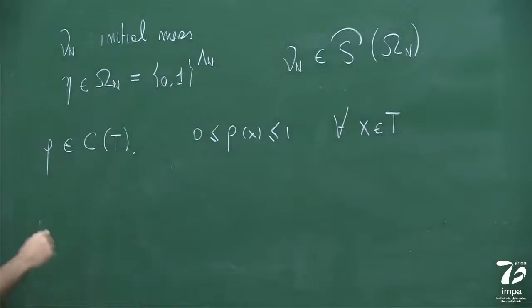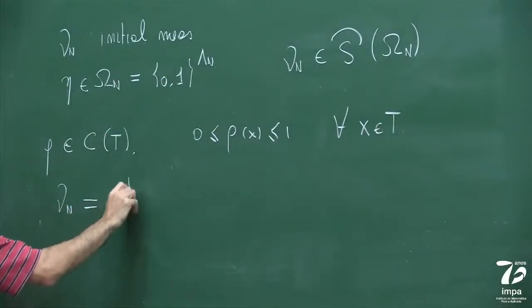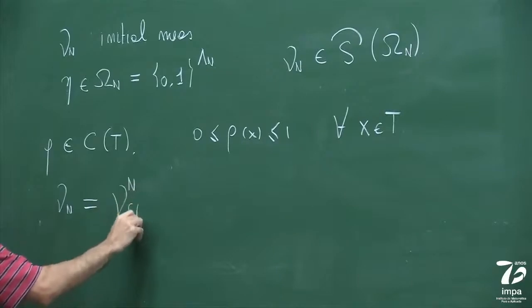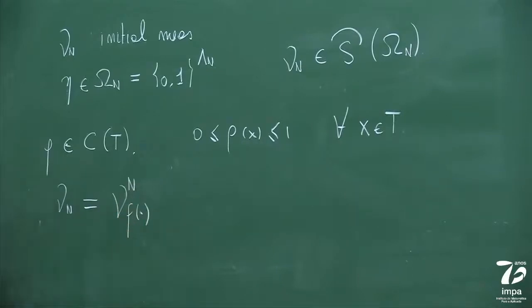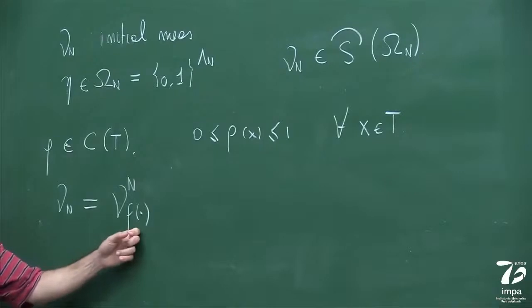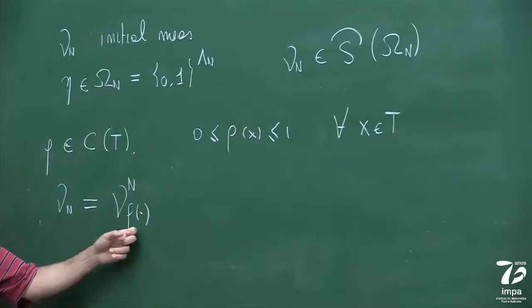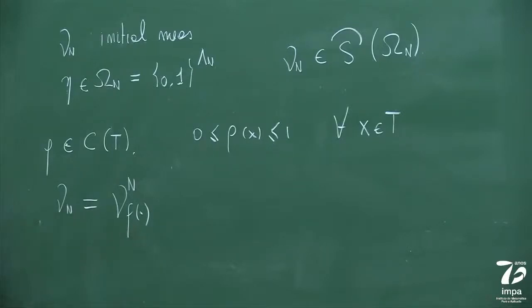Now I can take, for instance, to fix ideas, nu to be the product of Bernoulli measures with density rho. Okay, so let's start with this measure. So we place particles independently at each site. But the probability that we put particles depends on the point where we are. So this is the initial state.